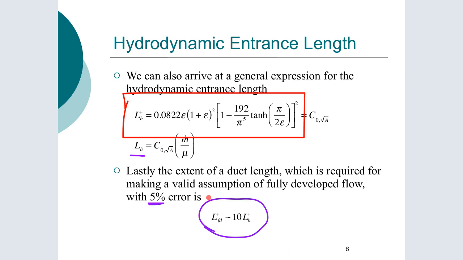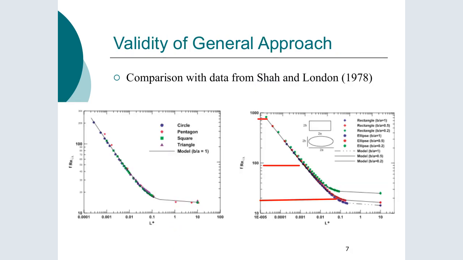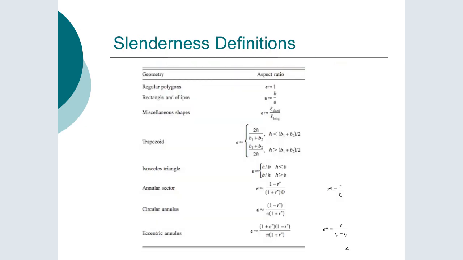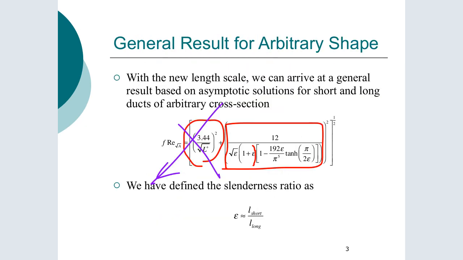Now, I've covered quite a lot of stuff on this, so this is probably a lecture you'd want to go over a couple of times. I suppose the key learning points we want to get out are understanding the basis for this derivation.